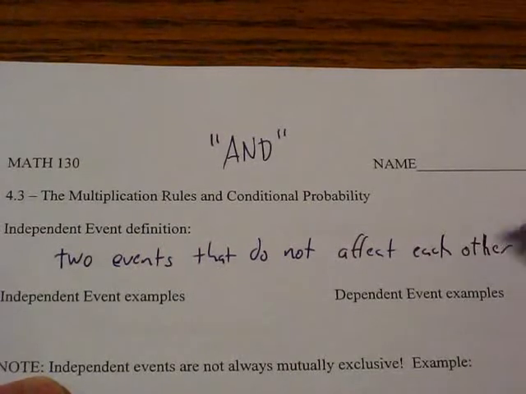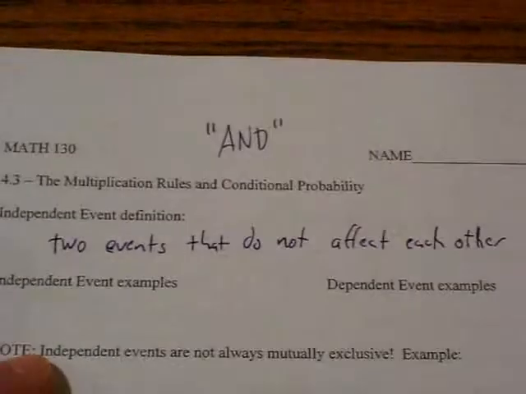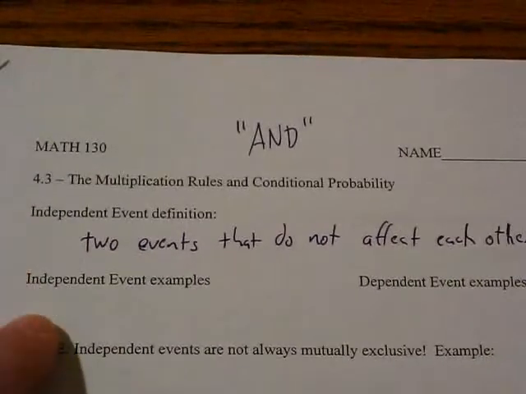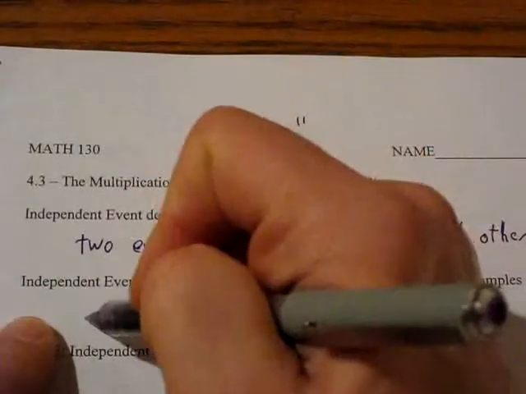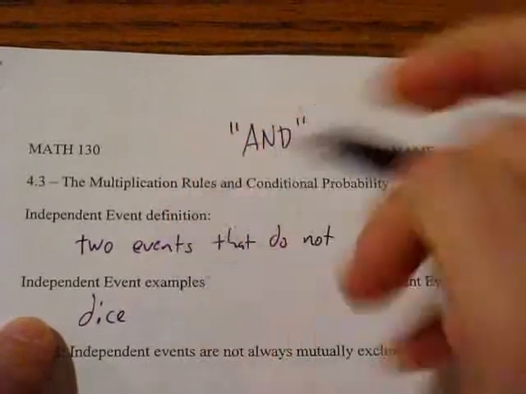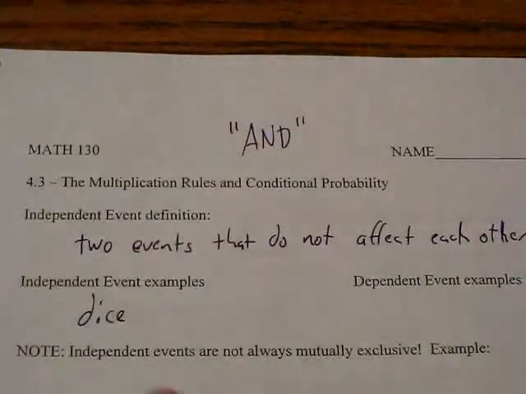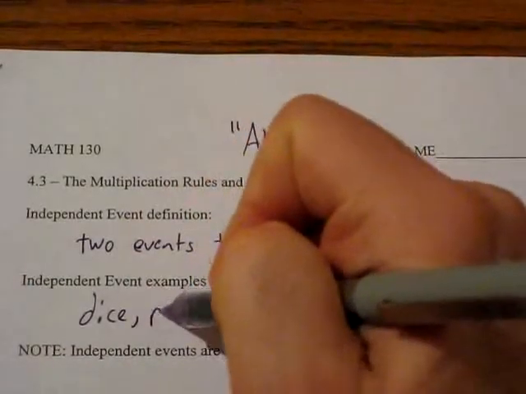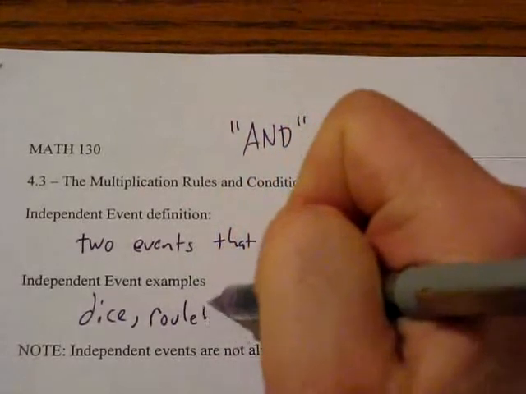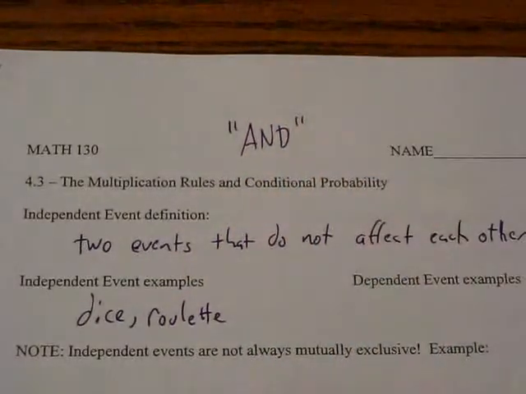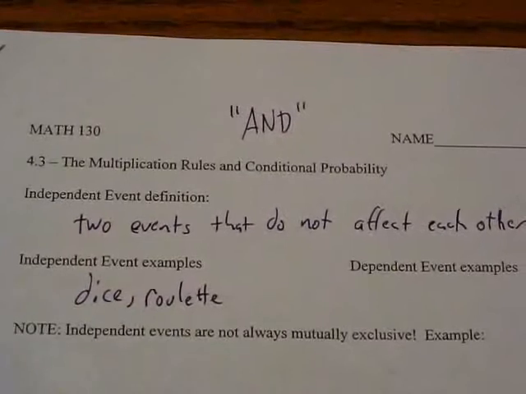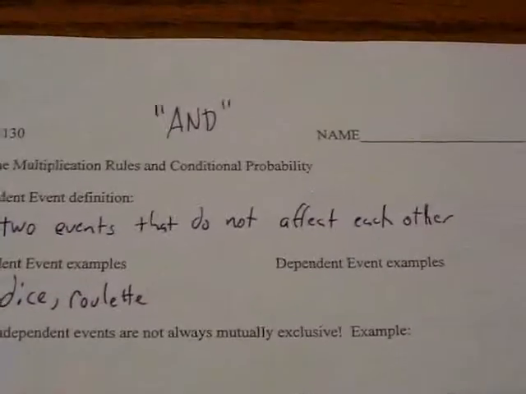That's right, two events that do not affect each other. So an example of an independent event would be rolling dice. One die roll has no memory of the other die roll, or in the game of roulette, where you spin the marble and the marble spins around and it doesn't have any memory about what happened before.